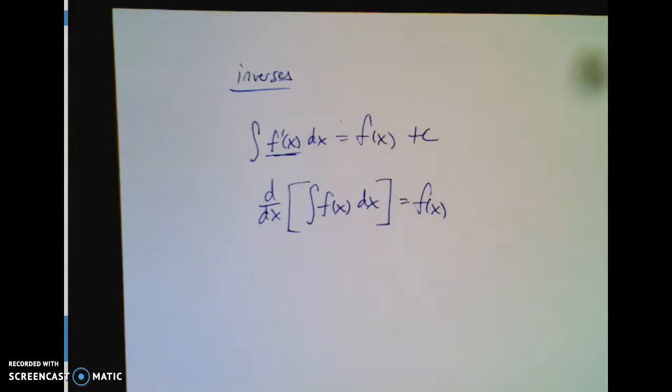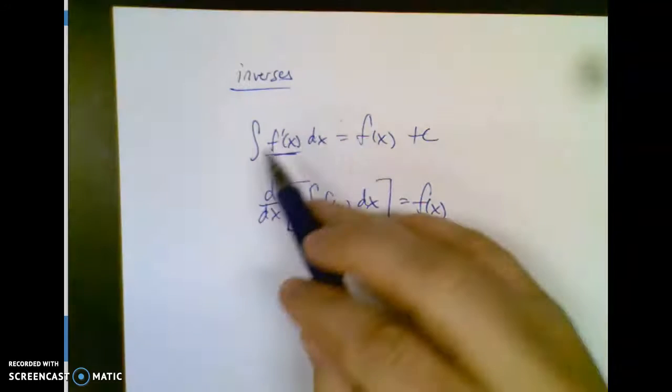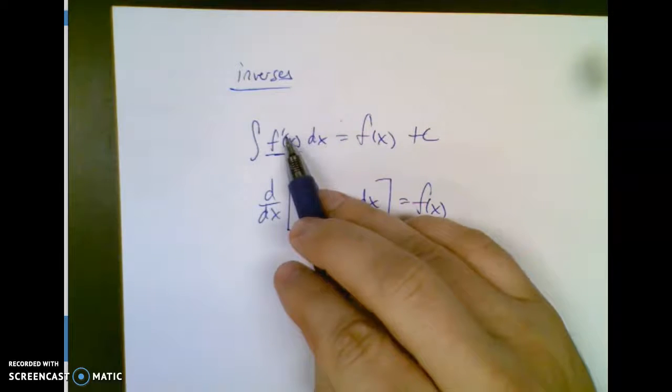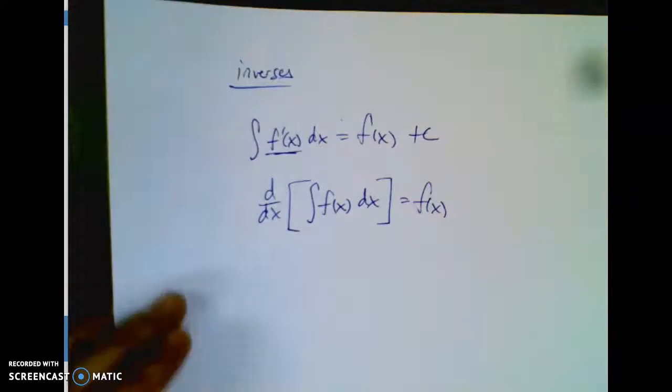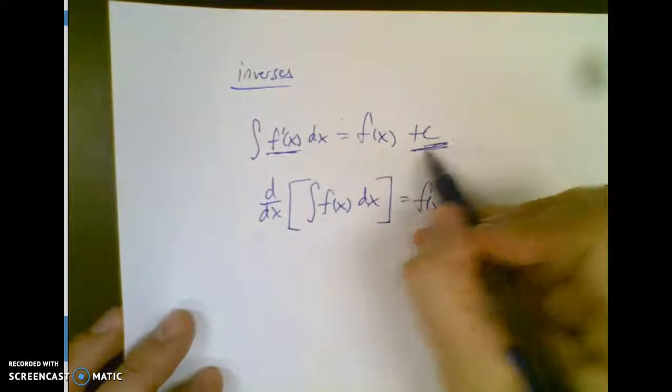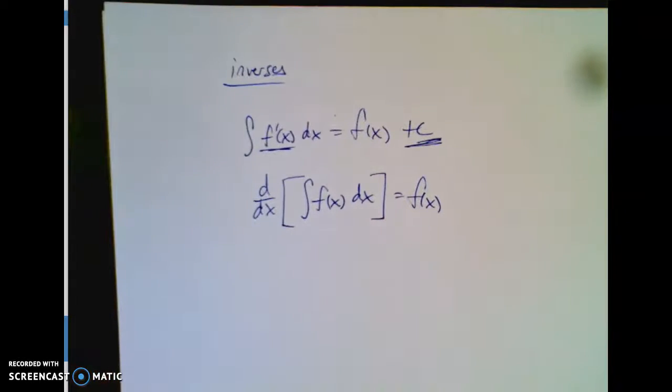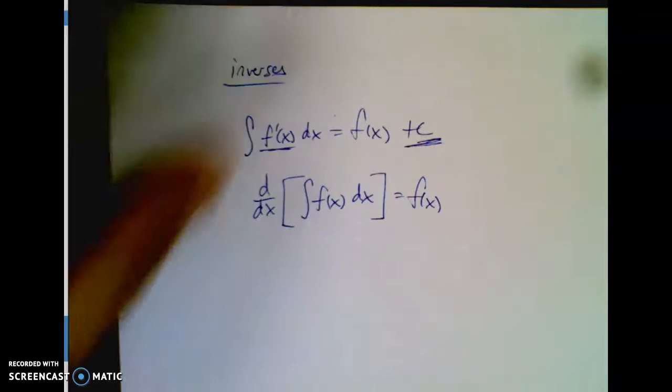It's just like squaring is the inverse of square rooting, and multiplying is the opposite of dividing, inverses of each other. Well, integrals are the inverse of derivatives, and derivatives are the inverse of integrals. Fun thing. The only thing you have to remember is that plus c, and I know you'll forget it, but you have to try to remember it.